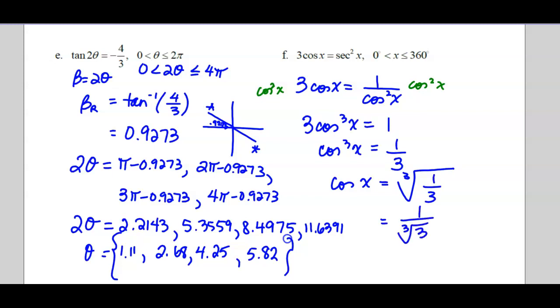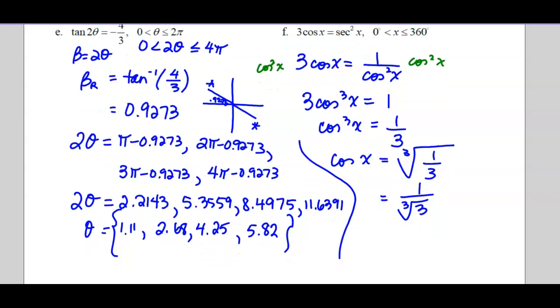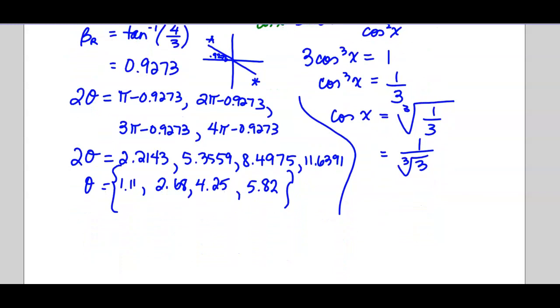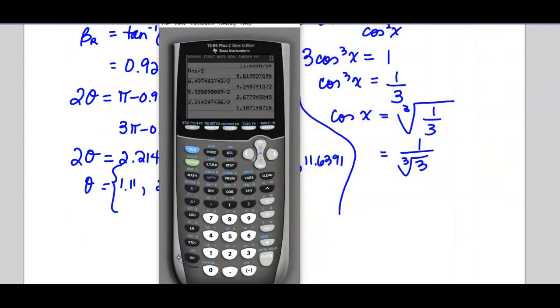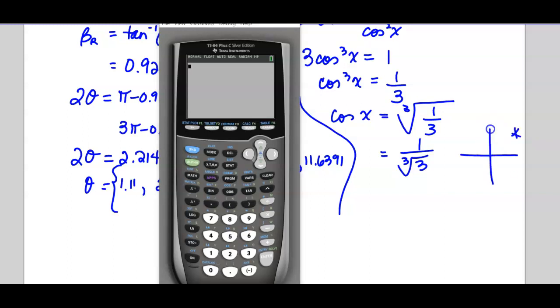So either this or this, it's not your final answer, so you don't have to rationalize. You'll need your calculator. There is no special angle with that. Okay, so it is positive. So first and fourth.